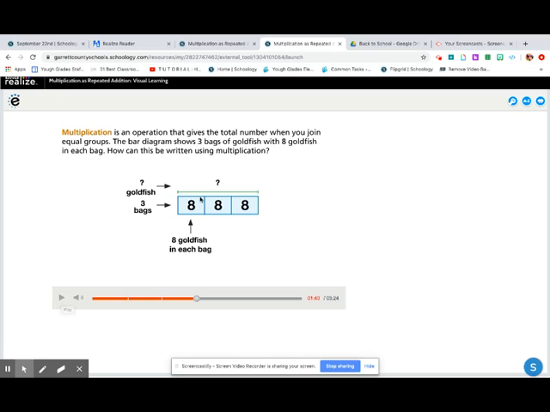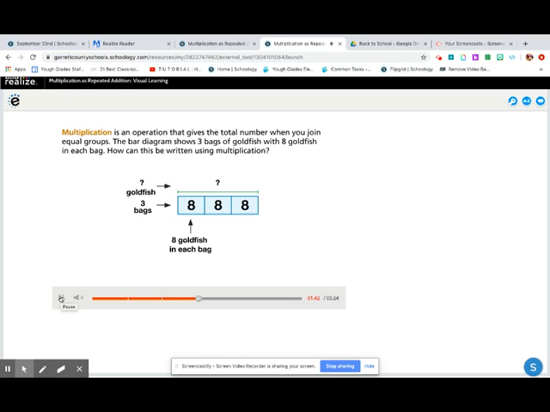There needs to be the same number of objects in each group. You cannot have 8 and then 2 and then 7, or 8 and 2 and then 8. They all have to be equal. The key word is equal groups. You cannot multiply without equal groups.